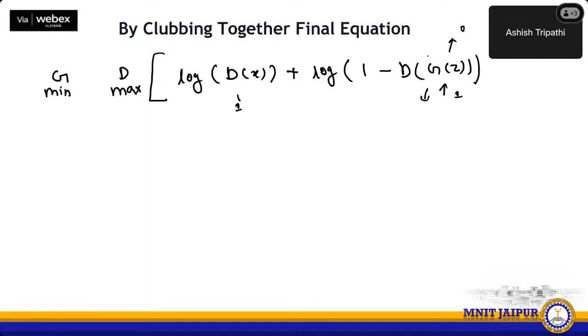So the discriminator wants to maximize it and the generator wants to minimize it. This is the reason it is called a min-max problem. Both have competing objectives.